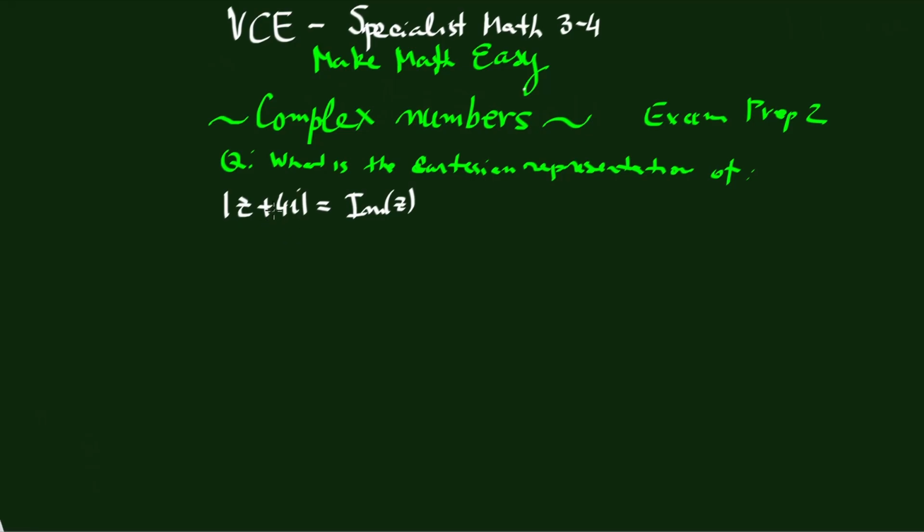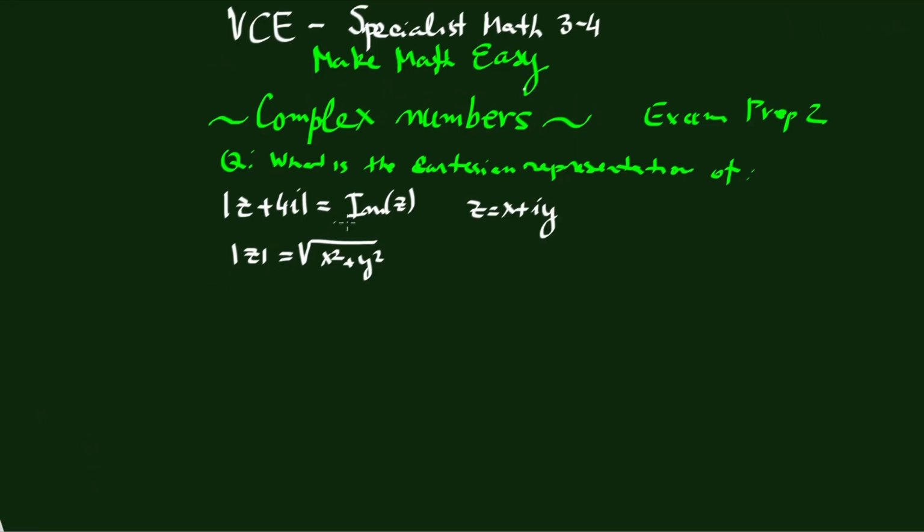As seen before, we can see what the Cartesian representation is if we use the formula that says that the absolute value of z is the square root of x squared plus y squared, where z is represented by x plus iy.